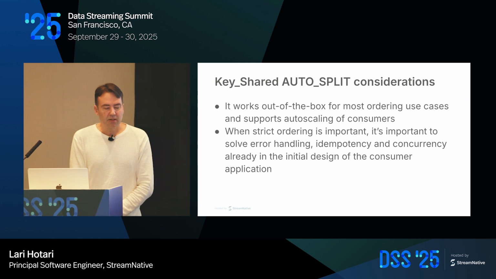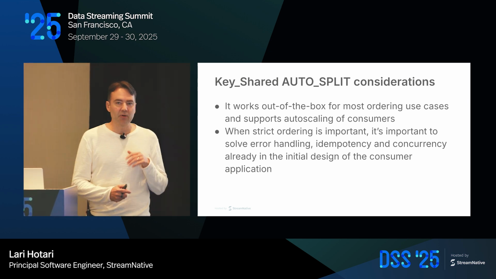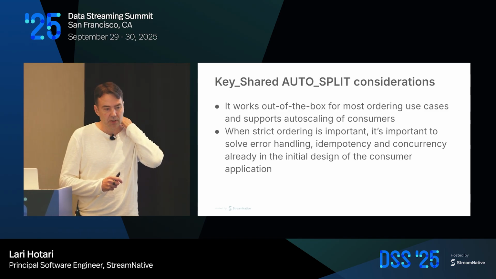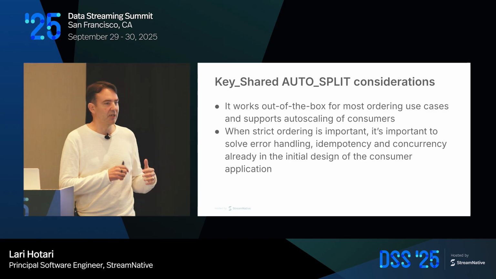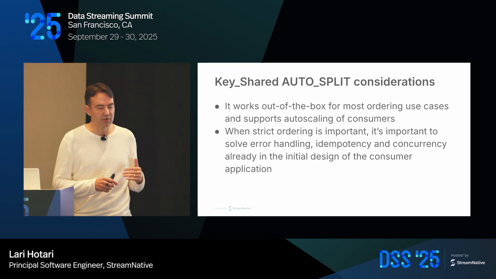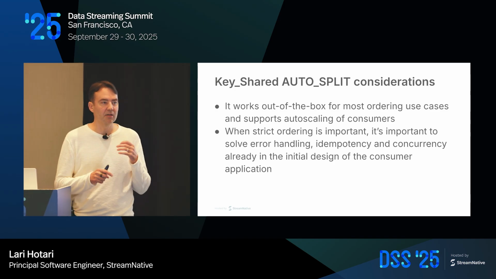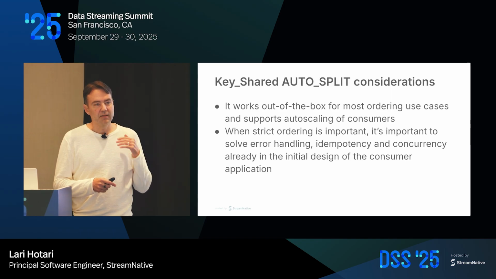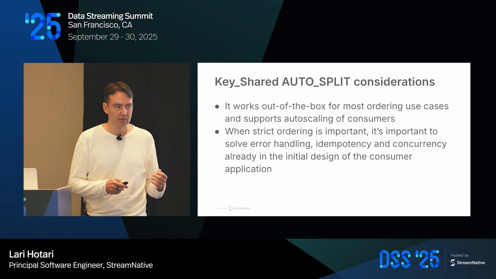So for key shared, some of the considerations are that it works out of the box for most use cases and supports auto-scaling of consumers. But in the case that strict ordering is extremely important, it's very important to solve these error handling, idempotency, and concurrent processing challenges, and that's already covered in the initial design of the consumer application.